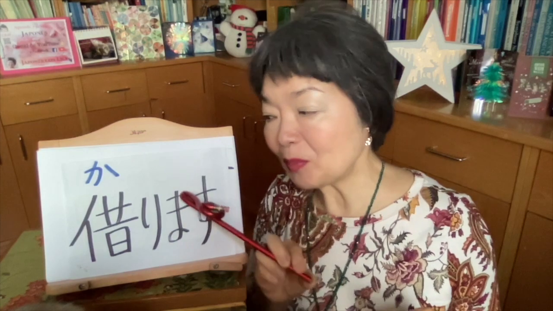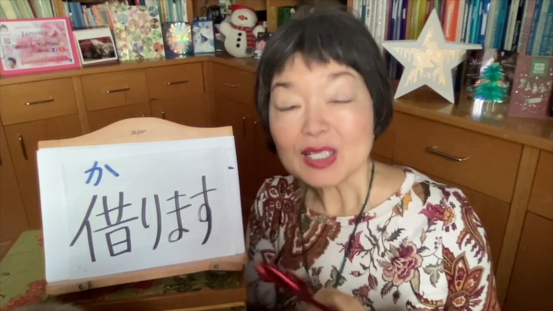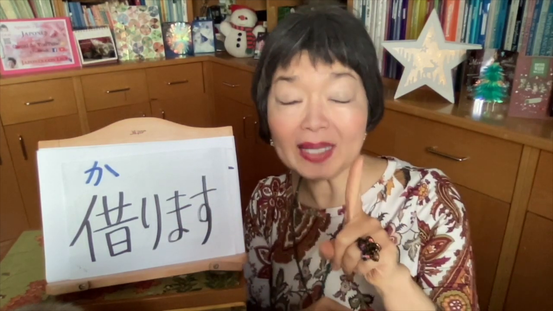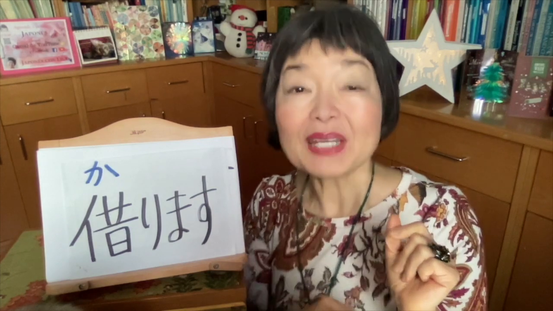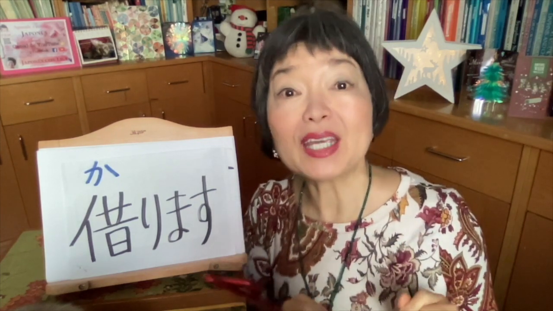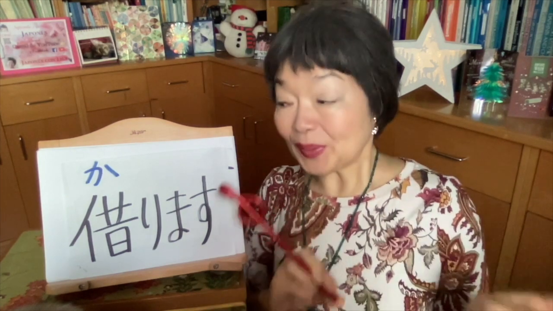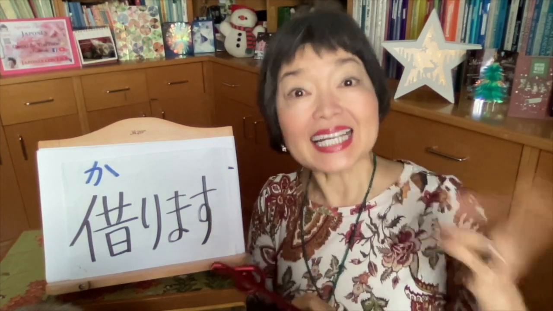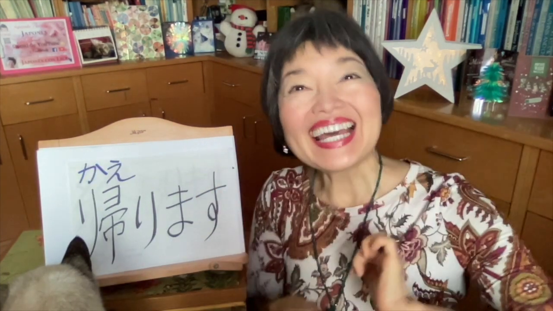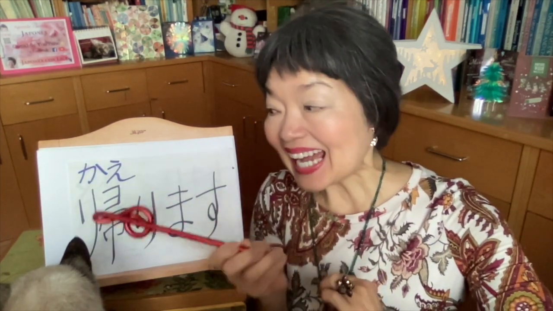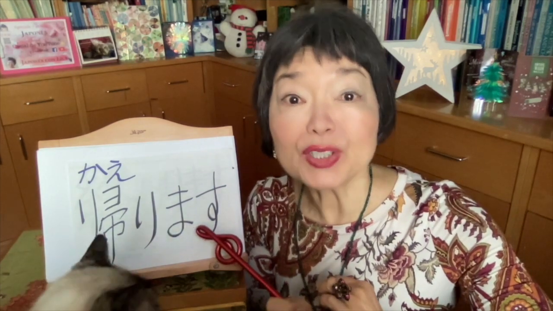Just before masu, there's a ri sound. So you may think this is group 1, but this is not right, because this is one of the irregular verbs of the second group. Just add te: 借りて.